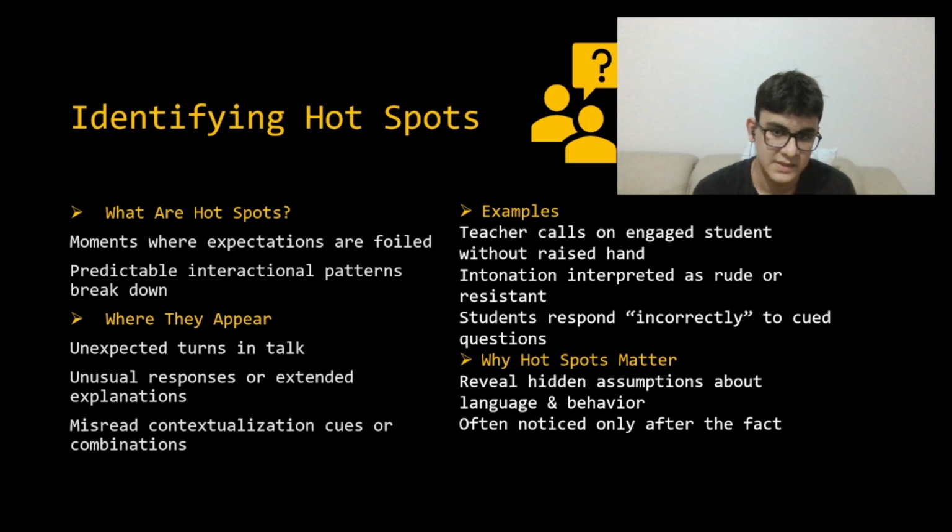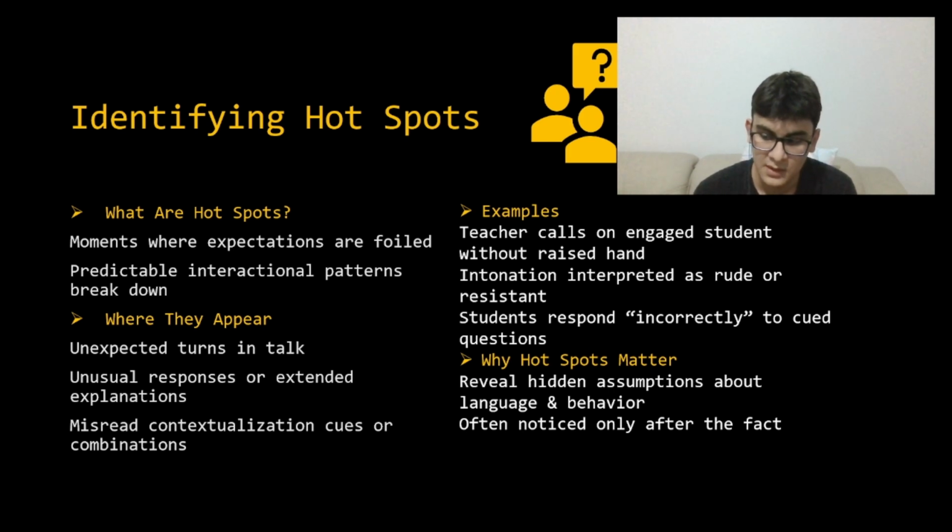Examples of these are a teacher calls an engaged student without a raised hand. That student without the raised hand is kind of not knowing what to say. He's like panicking. Intonation interpreted as rude or resistant. This might happen more in our daily lives.